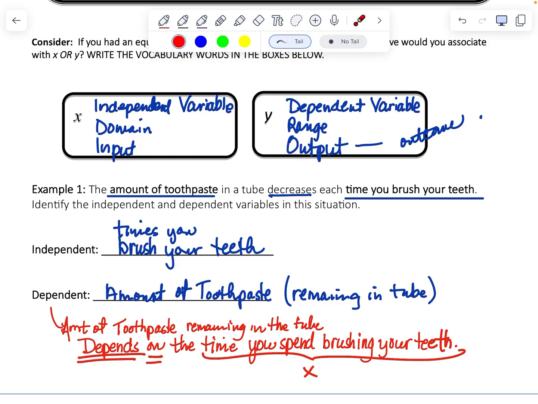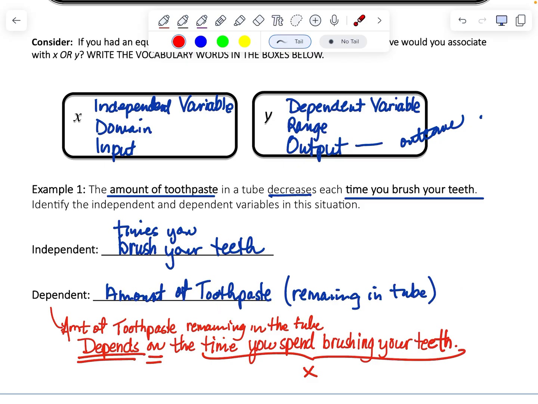So then in the next problem, we were looking at the amount of toothpaste in a tube decreases each time you brush your teeth. Identify the independent and the dependent variables of this situation. The independent is going to be the time you brush your teeth. And then the dependent variable is the amount of toothpaste left. It's kind of like a reaction to you brushing your teeth.